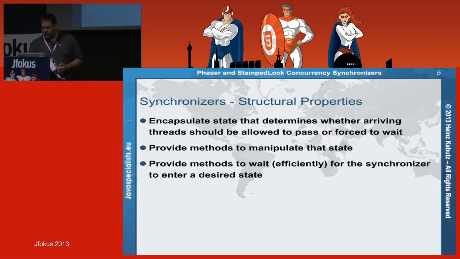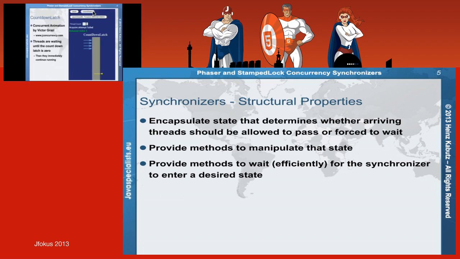Now, a very well-known synchronizer is called CountDownLatch. This is a very easy one. You can see the animation here. Basically, I've got 4 threads which are waiting to pass through the CountDownLatch. They've all called await. And when I call countdown, then once my countdown reaches 0, then I pass through. And then after that, the latch is open and we can all pass through.